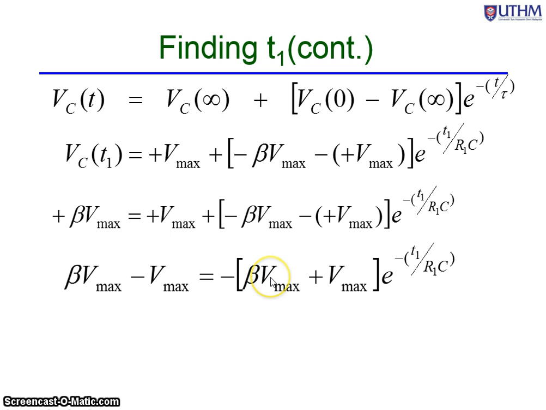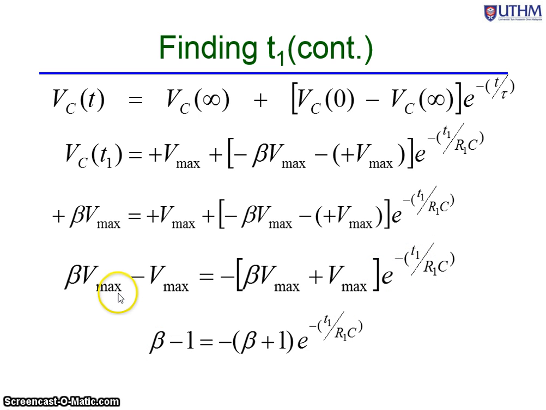I just rearranged the equation: plus beta Vmax, minus Vmax, you bring it over here, this is minus beta Vmax, and because this is minus, it will be minus Vmax e to the minus T1 over R1C. We are going to find e to the minus T1 over R1C.